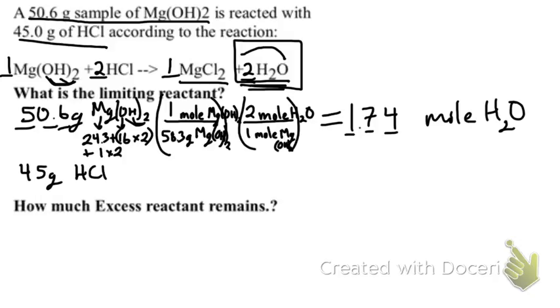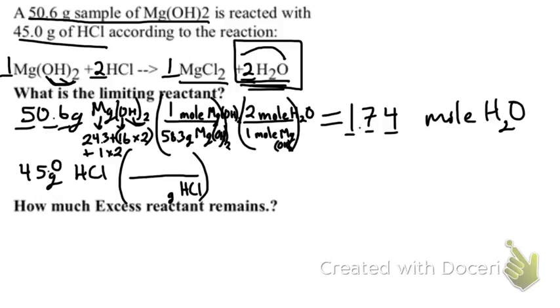So our next problem, remember that all limiting reactant problems are really 2 problems in one. We have 45.0, it's important for significant figures, grams of HCl. And we do the math the exact same way. So I need to cancel out grams of HCl. Only one way to do that is with grams of HCl.